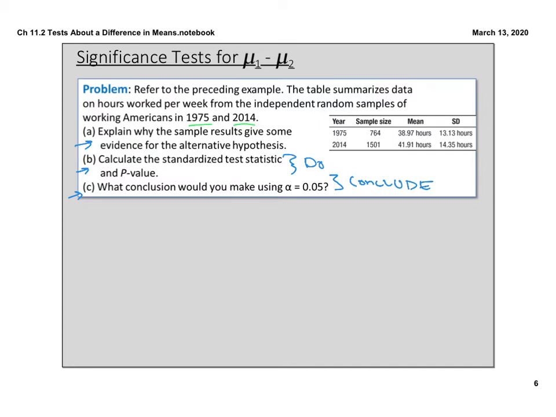So, all right, let's take a look at part A. In part A, the question is, why do we test? So if I take a look at the mean from 2014 minus the mean from 1974, I get 41.91 minus 38.97, which is equal to 2.94, okay? So the difference in the means is not 0.